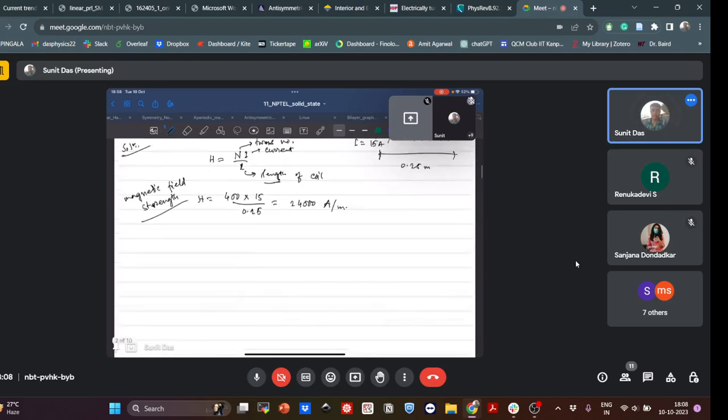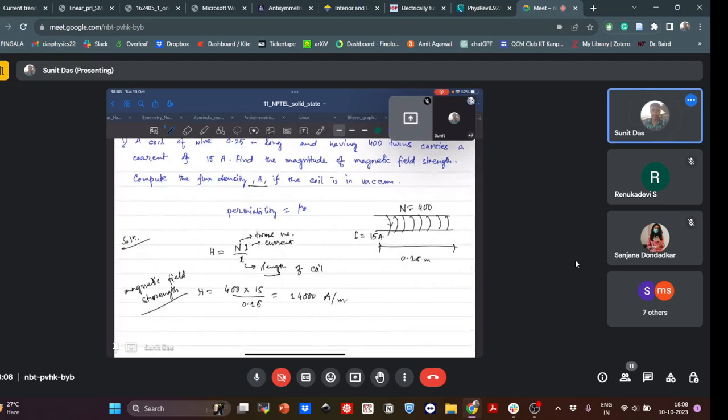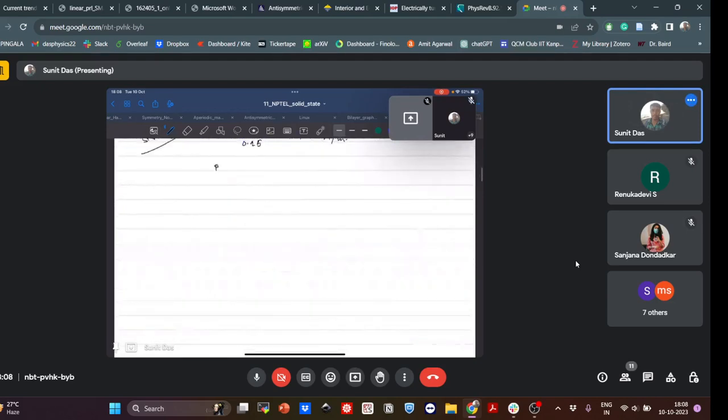Now magnetic flux density B is in general related as B equals mu H, where mu is the permeability of the medium. In our case, it is mu 0 because the coil is in the vacuum.